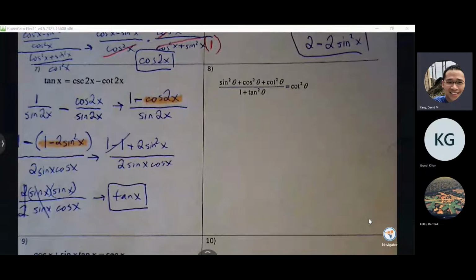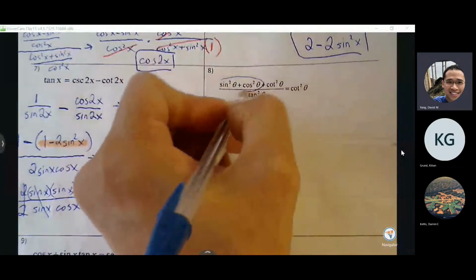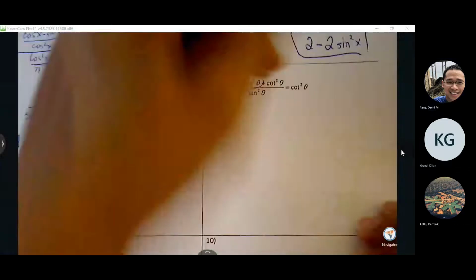All right, number 8. Let's see what we can do to clean up to begin with. I see something that's easy to substitute. Sine squared and cosine squared becomes 1.